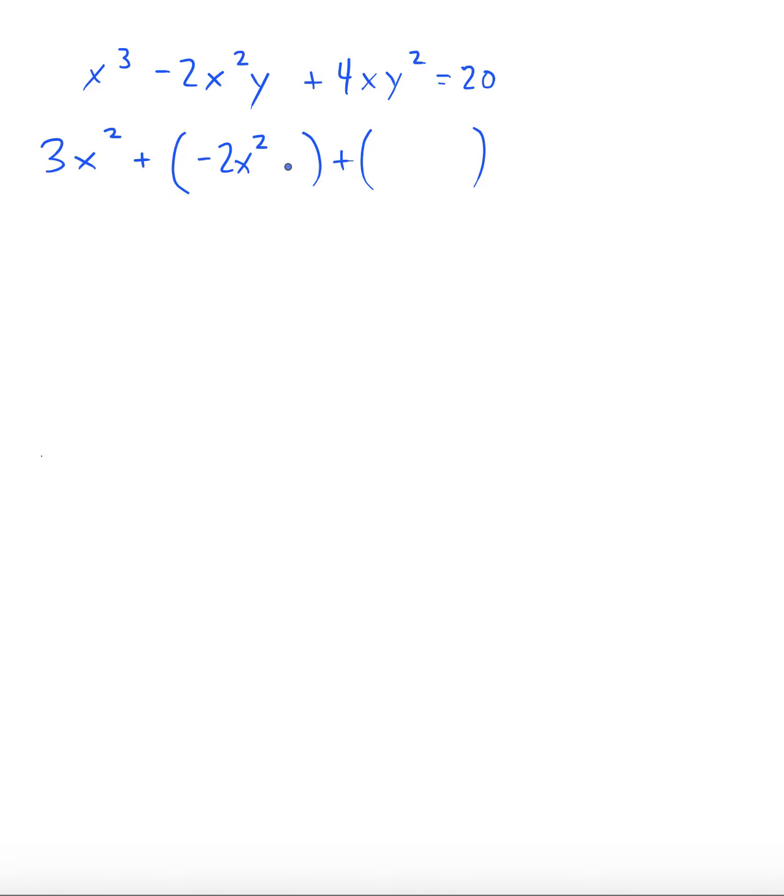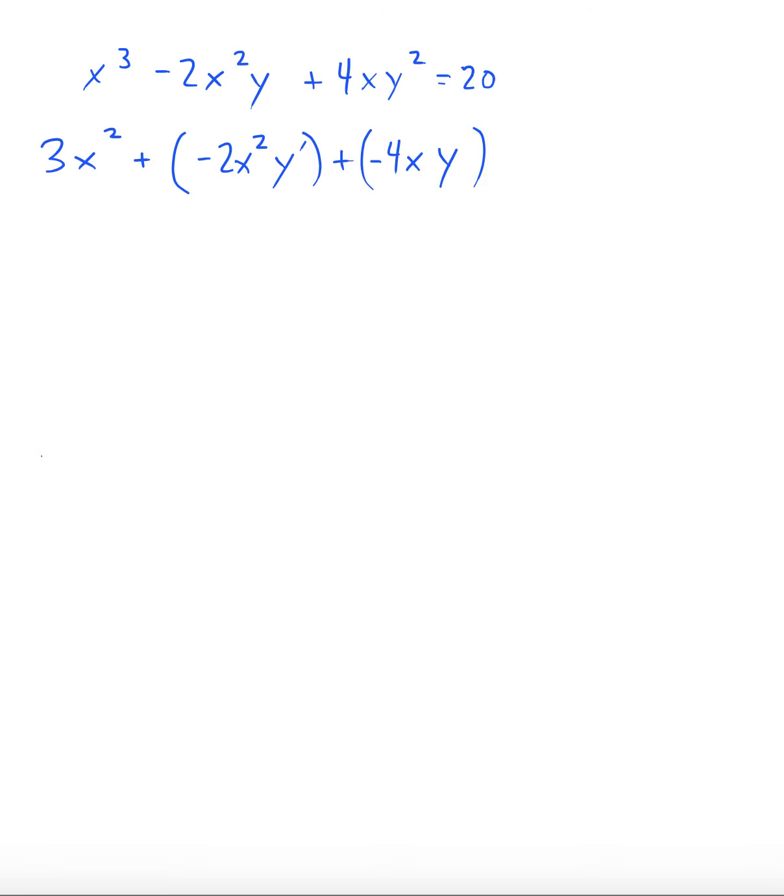Now I could write dy over dx. However, when these equations get pretty big, we may wish to just use y prime in place of dy over dx. Just a little more concise. Then what we'll do next is we'll take the derivative of that first part, making negative 4x, and then we'll leave the y alone.